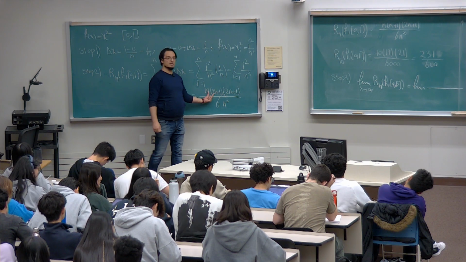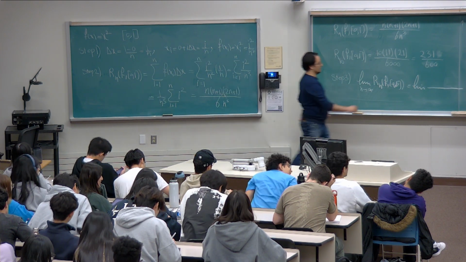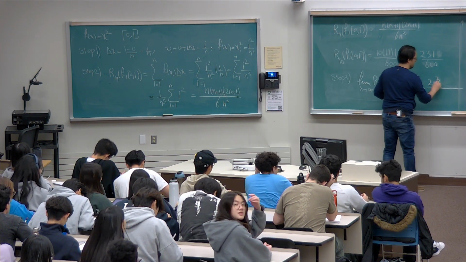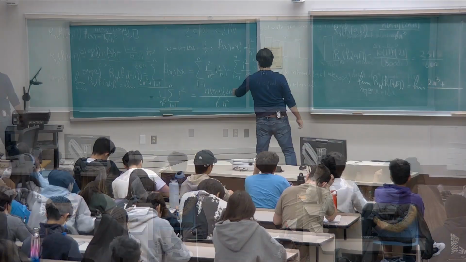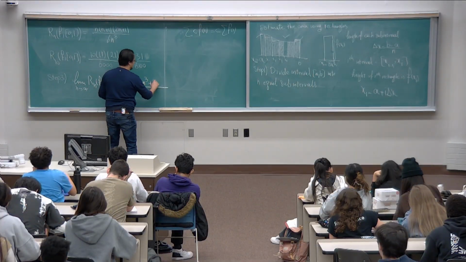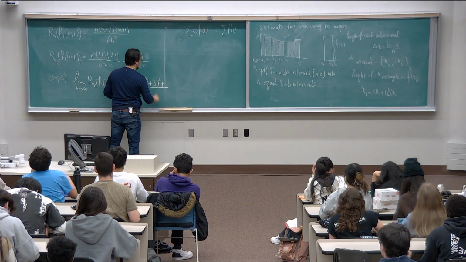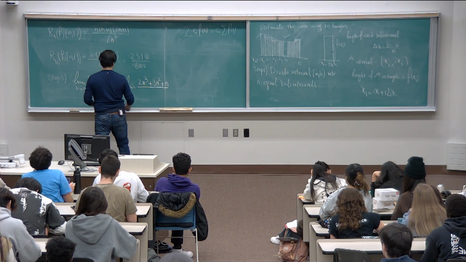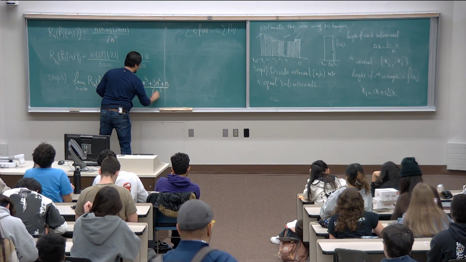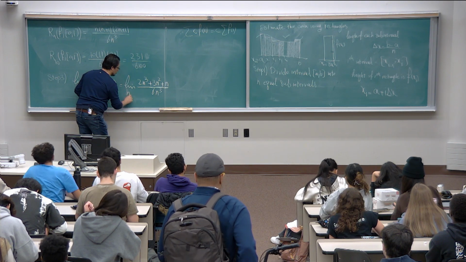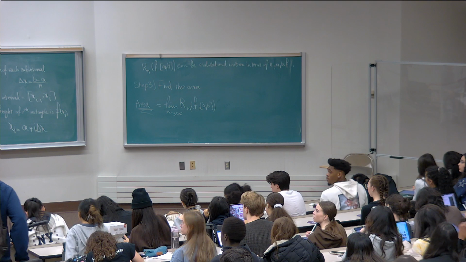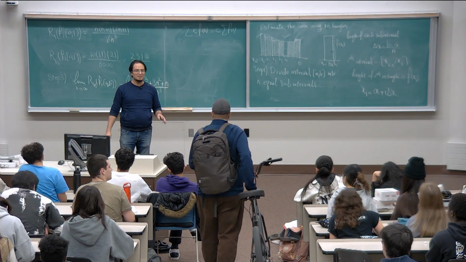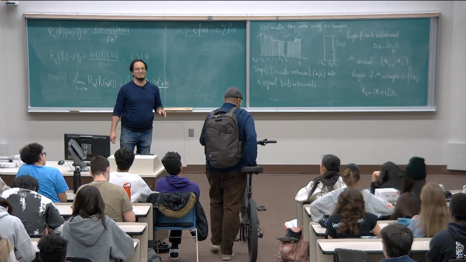2n cubed plus, the n squared part, we have 3n squared, plus n, divided by 6n cubed as n goes to infinity. I won't leave this room until I find that limit. I promise you.